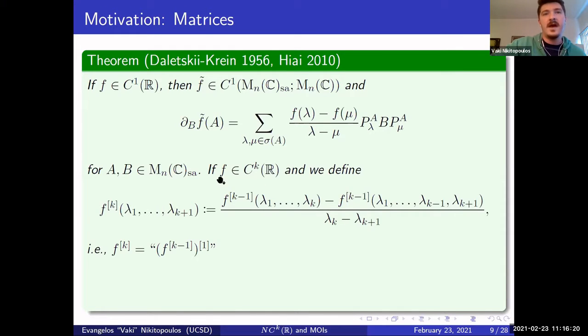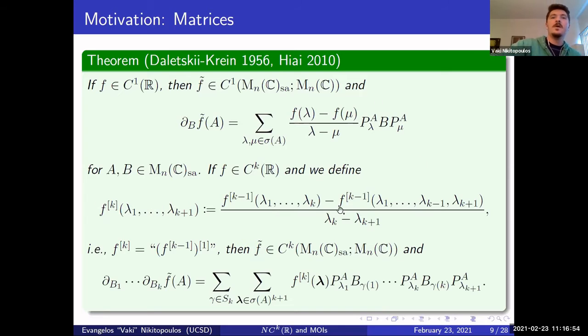So for f in C^k, I'm going to define the kth divided difference, f[k], as a function of k plus 1 variables defined inductively roughly as the first divided difference of the (k minus 1)st divided difference. And you actually do the first divided difference in this last variable, freezing all the rest of the variables. So we do this difference quotient of f[k-1]. I'll leave that formula right there to be digested for a little bit, and then I'll show you the derivative formula.